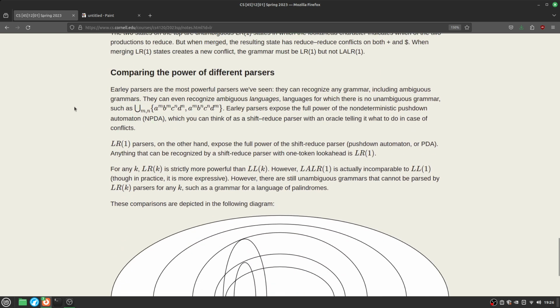Comparing the power of different parsers. Earley parsers are the most powerful parsers we've seen. They can recognize any grammar, including ambiguous grammars.